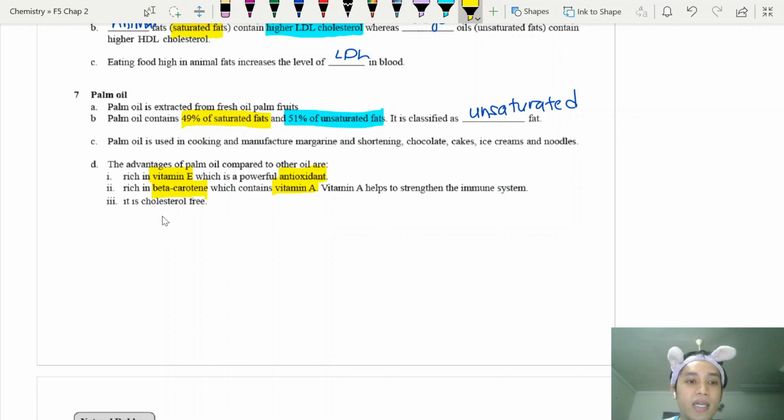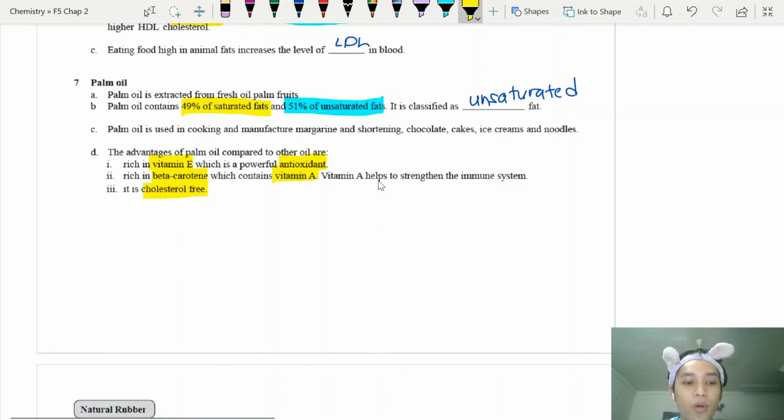And then it is cholesterol free, meaning the amount of cholesterol in palm oil is very, very low. So consuming it is much better compared to if you use different types of oil. Those are the advantages of palm oil.